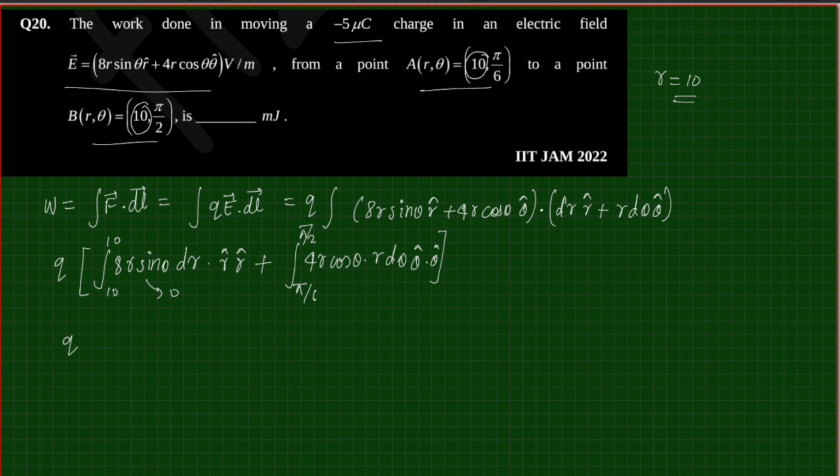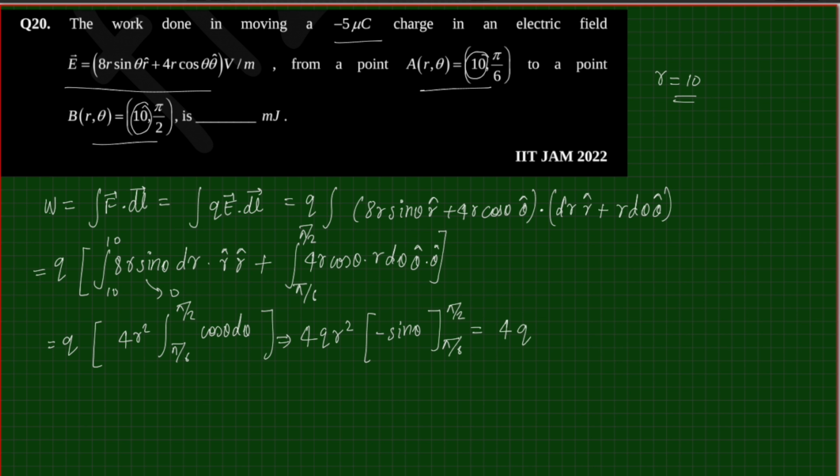So this will be q, with 4r squared taken common, the integral from pi by 6 to pi by 2 of cos theta d theta. This is again q times 4 r squared, and the integral of cos theta is sin theta, with limits pi by 6 to pi by 2.